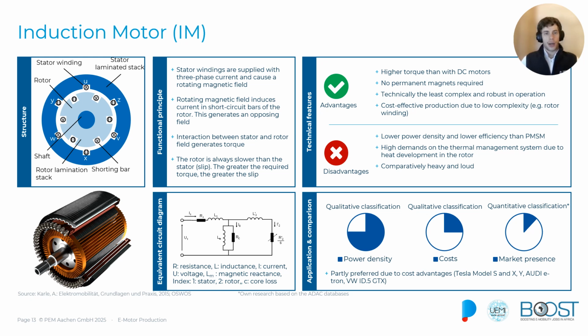We supply this short circuit cage with current by induction from the stator. So the rotating magnetic field induces current in the short circuit bars of the rotor, and this generates an opposing field in the rotor, which interacts with the one of the stator and generates torque.